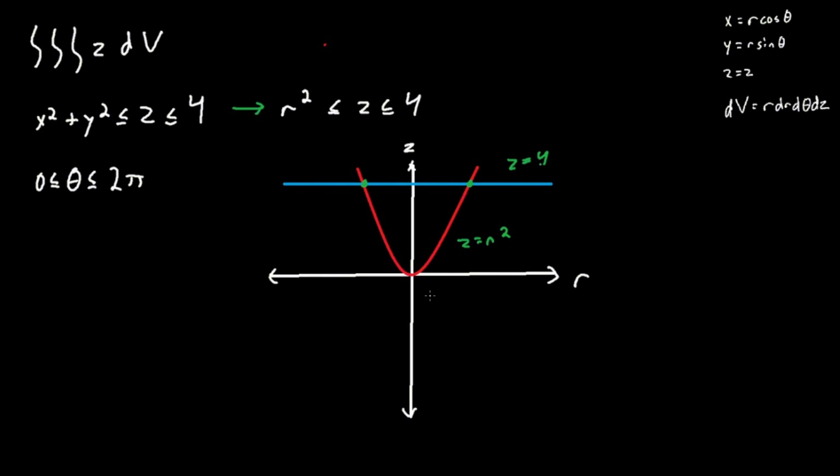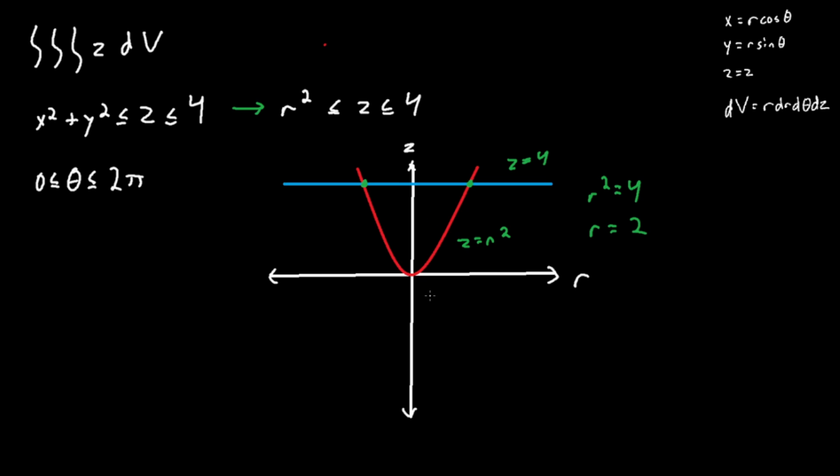Well, r squared is equal to z, and z is equal to 4. So we can actually substitute z into each other, so you get r squared is equal to 4. Therefore, the bounds for r is just equal to plus or minus 2, but r must always equal to a positive number. So the bounds for r, or your radius, is just 2.